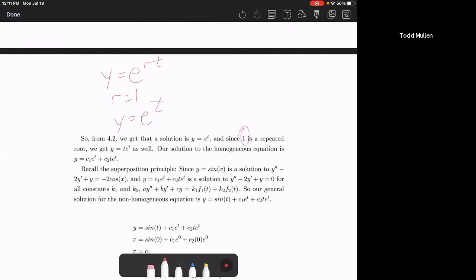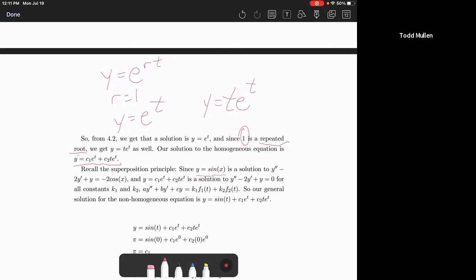But since 1 is a repeated root, again, from 4.2, we get a second solution. y is equal to t e to the t. So our general solution to the homogeneous equation is y equals c1 e to the t plus c2 t e to the t. Now we're going to recall the superposition principle.